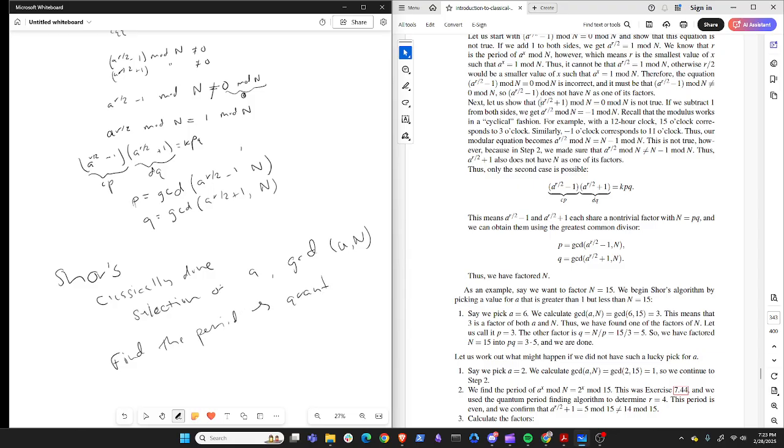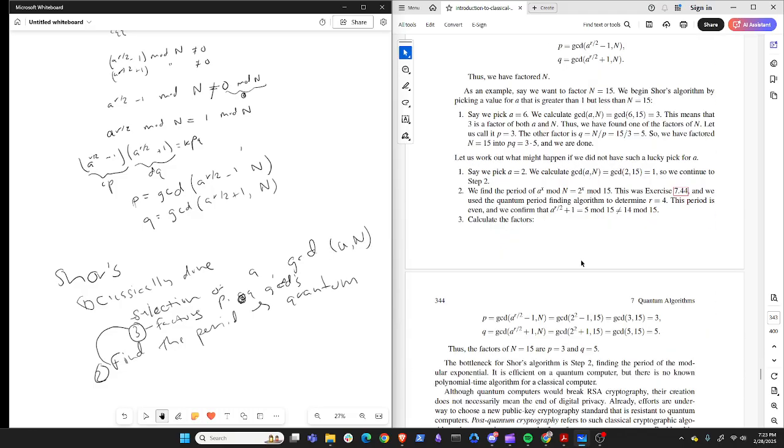And once we've found the period, we go back to classical for post-processing to find the factors p and q with the GCDs. Okay, that's Shor's.